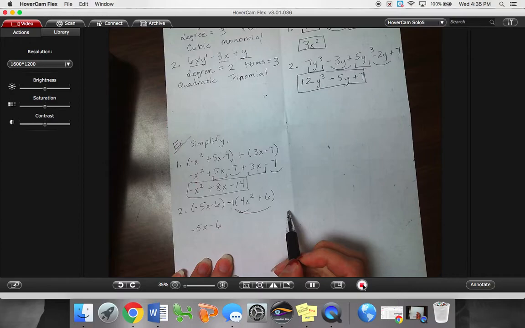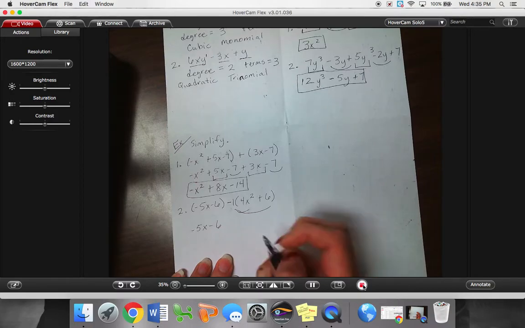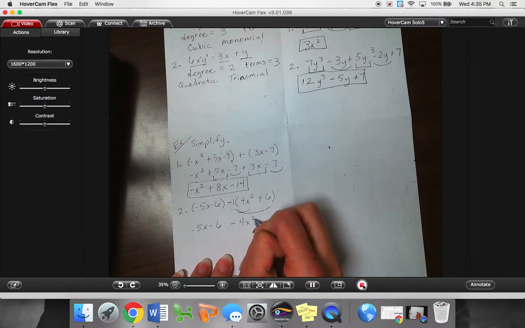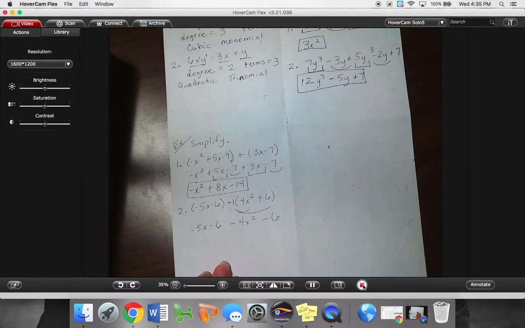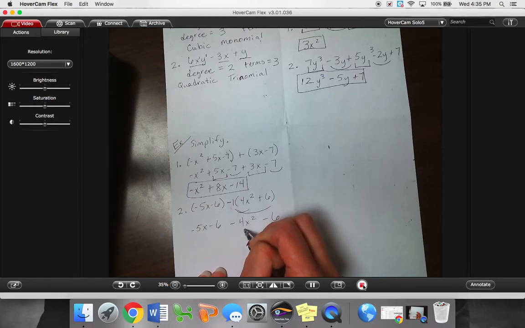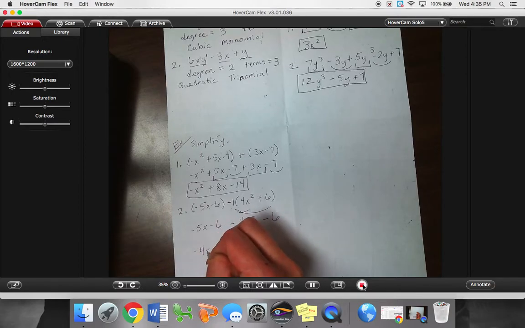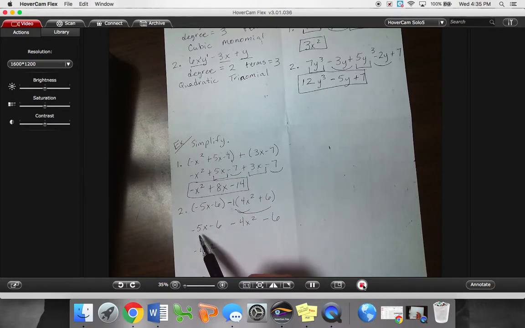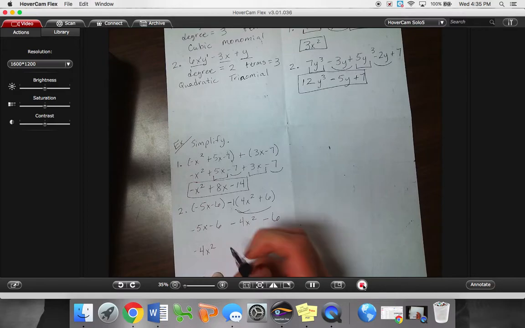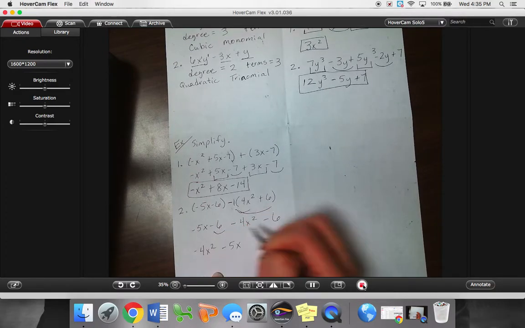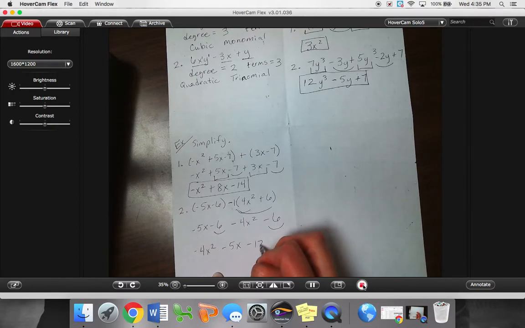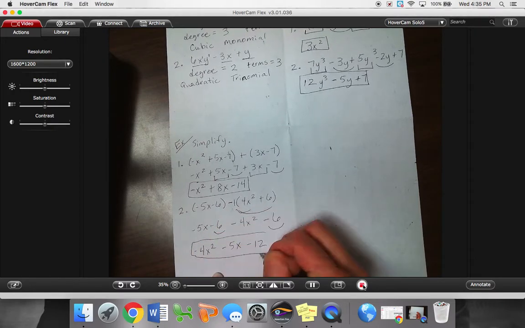But the second parentheses, when we drop the parentheses, becomes minus 4x squared and minus 6. Then we combine like terms. This x squared term does not combine with anything, but it should go first in standard form. This x term does not combine with anything, but it would go next in standard form. And finally, the constants would combine to be negative 12.